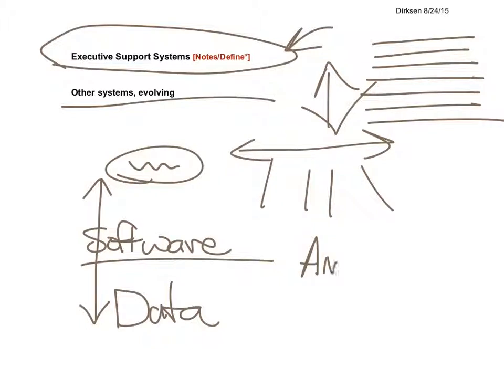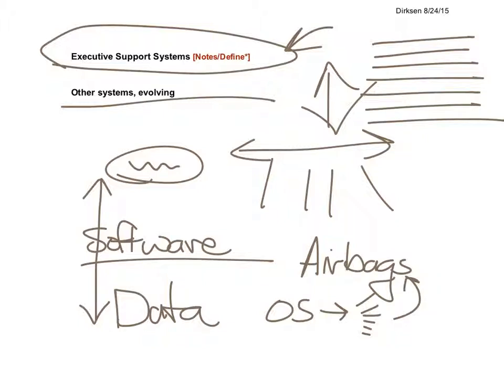Airbags. In your car, there is an operating system managing lots of functions in your car. Okay? One of those functions is deploying the airbag. If that operating system's currently working on your Bluetooth, or there's Wi-Fi in the tires to keep track of the air pressure in some cars and so forth.